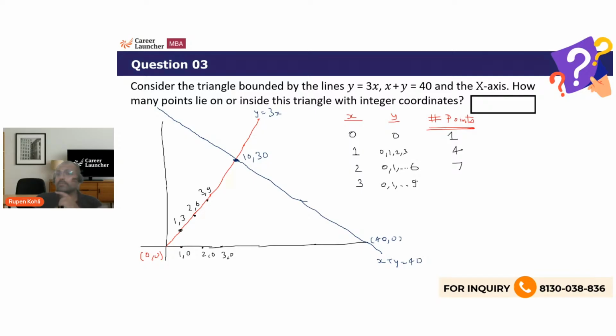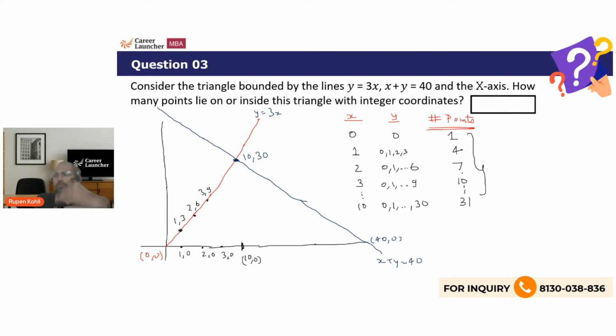Again, following the same sequence, 1, 4, 7, 10. It's an AP with a common difference of 3. And so on until we reach this point (10, 30), when x is 10. Again, when x is 10, y takes the values 0, 1, 2, 3 all the way up to 30, which are 31 points.